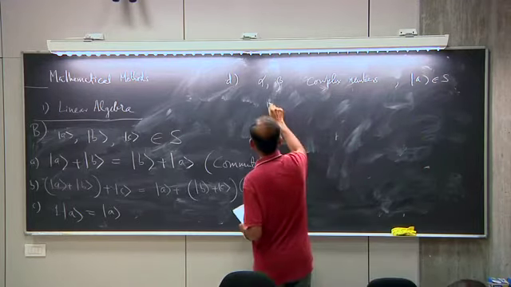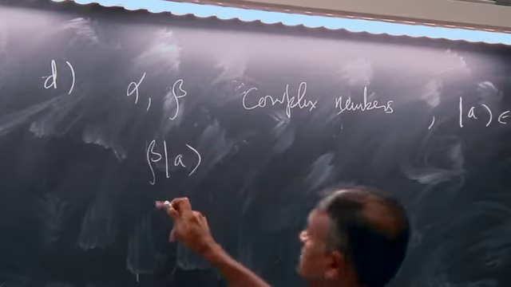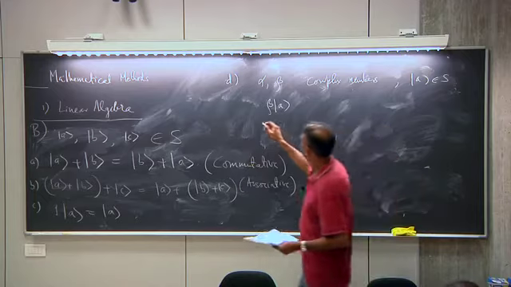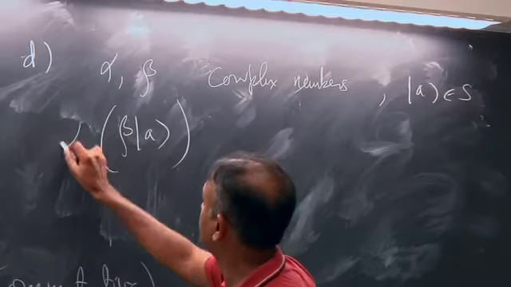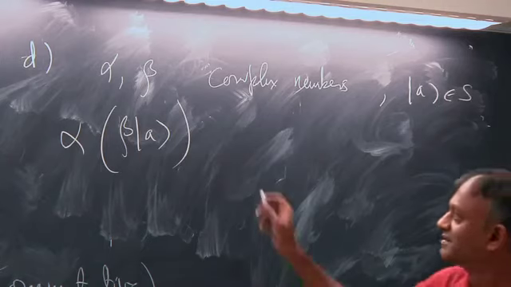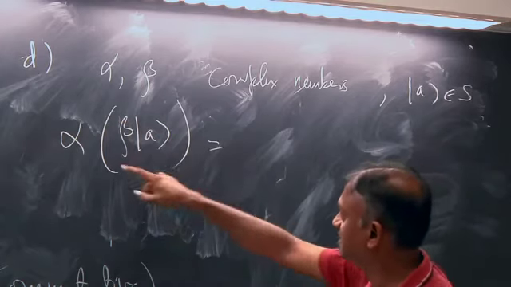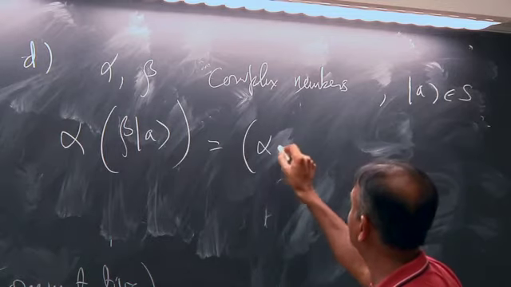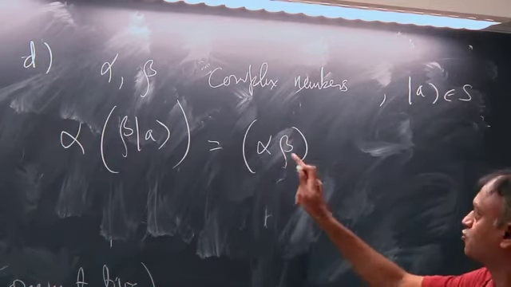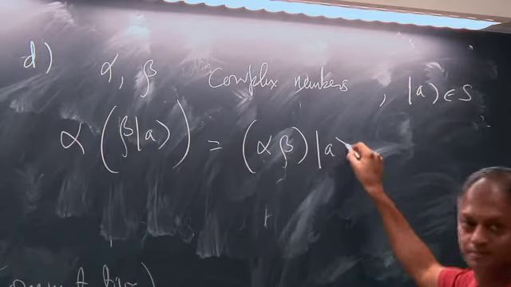Then beta times A is of course a vector, whatever rules I have given for the multiplication. Then to this vector I multiply alpha. This will be again another vector, right? The statement here is that this must satisfy the property that this is the same as alpha times beta, which is a complex number, product of two complex numbers, multiplied to A.